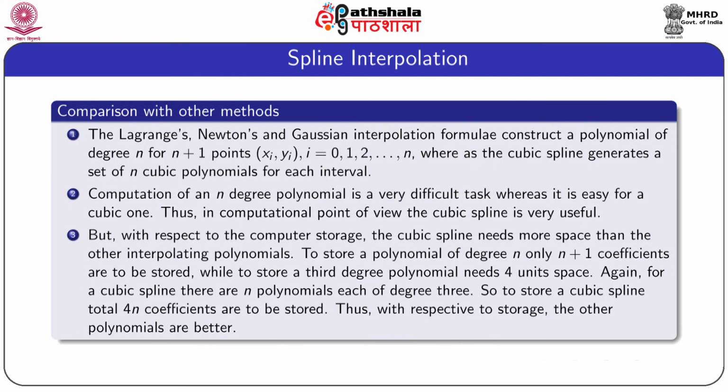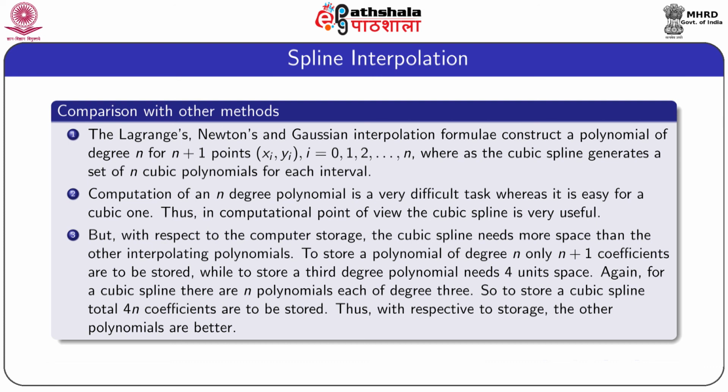The third point is, with respect to computer storage, the cubic spline needs more space than the other interpolating polynomials. To store a polynomial of degree n with n plus 1 coefficients needs n plus 1 units of memory space, but to store a third degree polynomial needs only 4 units of space to store the 4 coefficients.